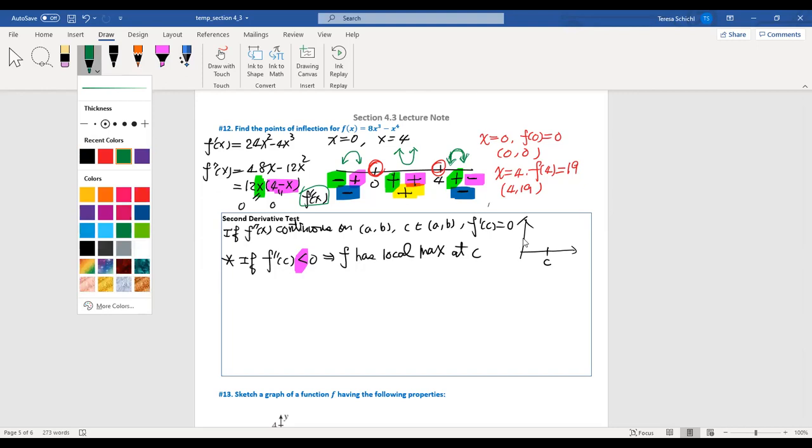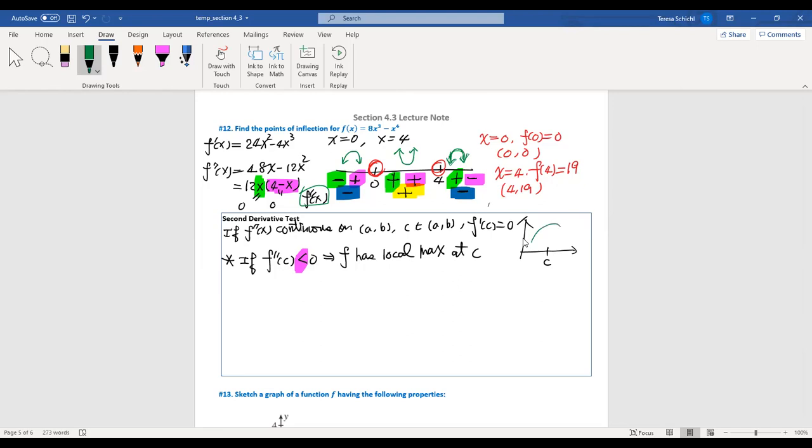I have a concave down here. So because it's concave down here, at the c I have a max here. Because that means at c I'm going to have a concave down, because the second derivative is less than 0 here.